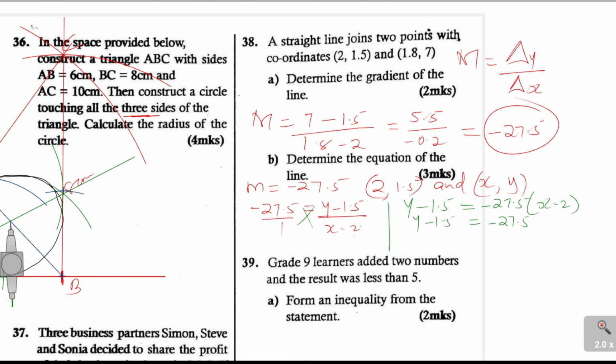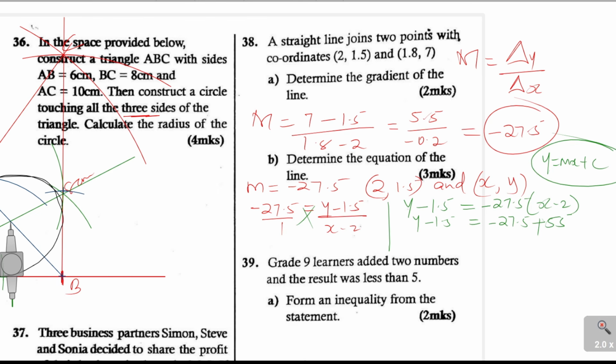That one will give positive, because of two negatives, so be very keen here. Negative 27.5 times negative 2 gives 55 positive. Then from there, you can make this equation take the format of a standard equation of a line, that is y equals mx plus c.